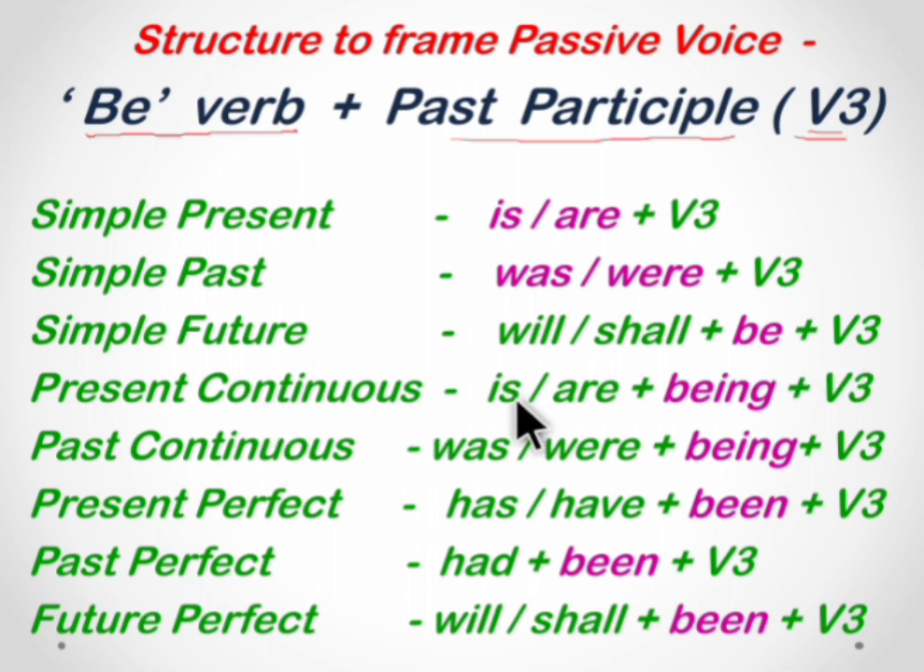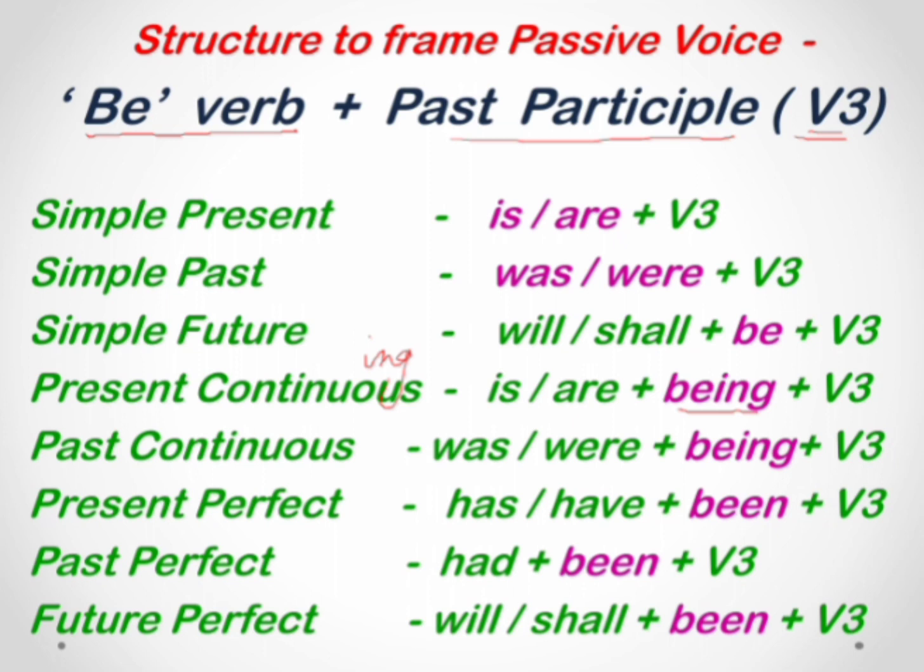For present continuous, it is either is or are plus being. Continuous tense will have the ing verb, and so the be form of verb for the continuous tense is being plus verb 3, that is past participle. For past continuous, it will be either was or were plus being plus past participle.